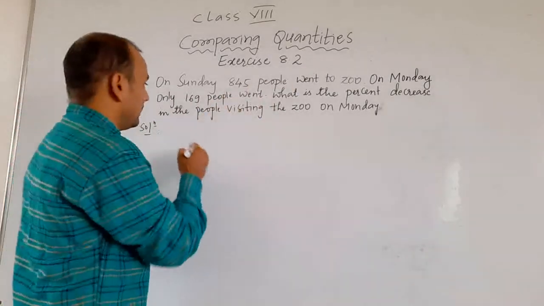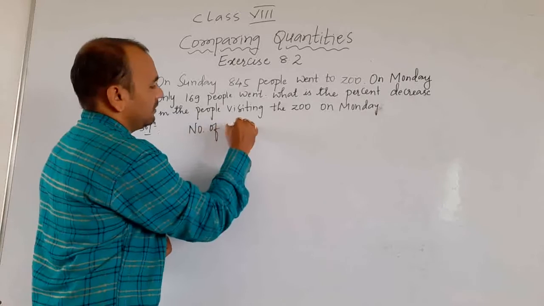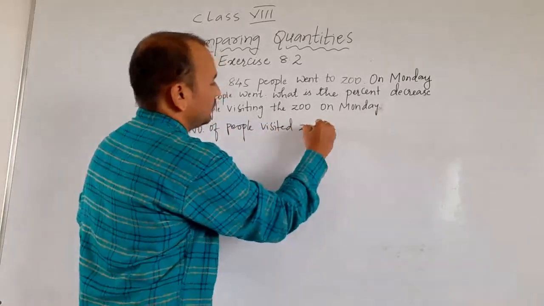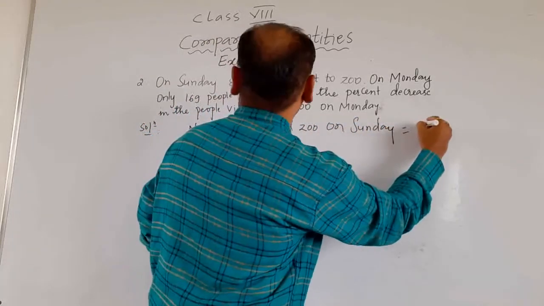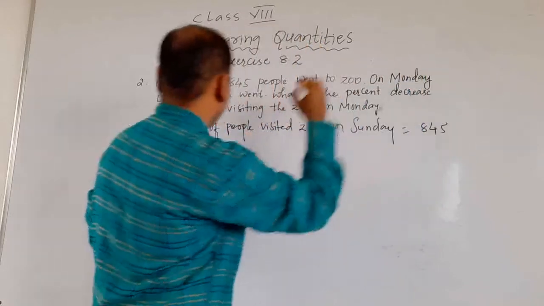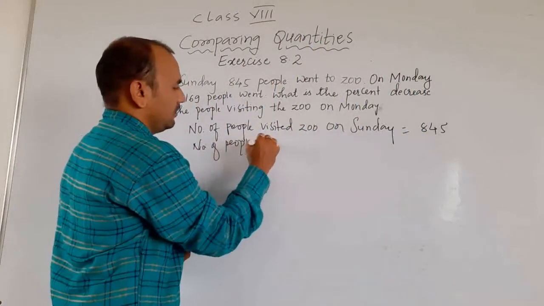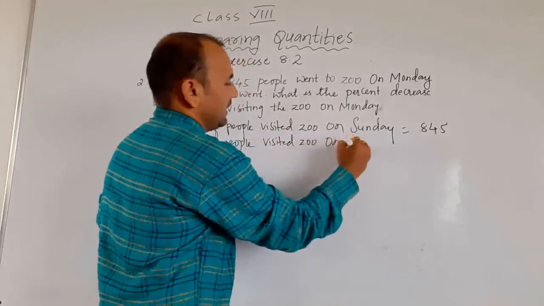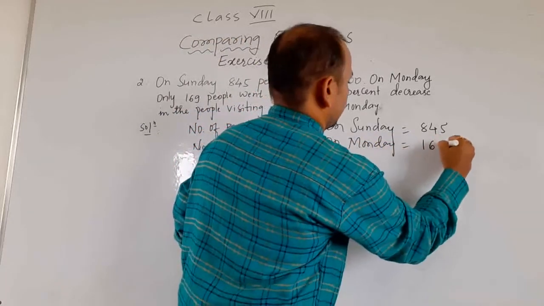Number of people who visited the zoo on Sunday is equal to 845. The number of people who visited the zoo on Monday is only 169.